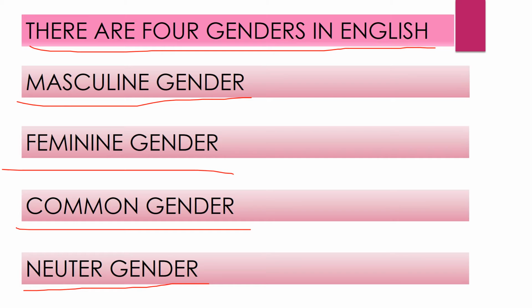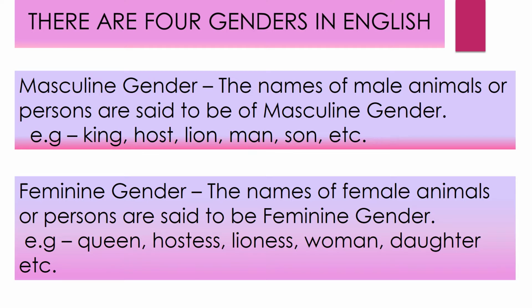So now we are going to study in detail about the four types of genders. First is masculine gender. So what is masculine gender? The names of male animals or persons are said to be of masculine gender.